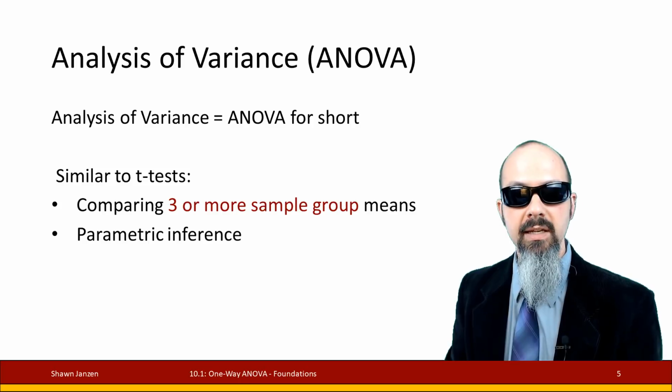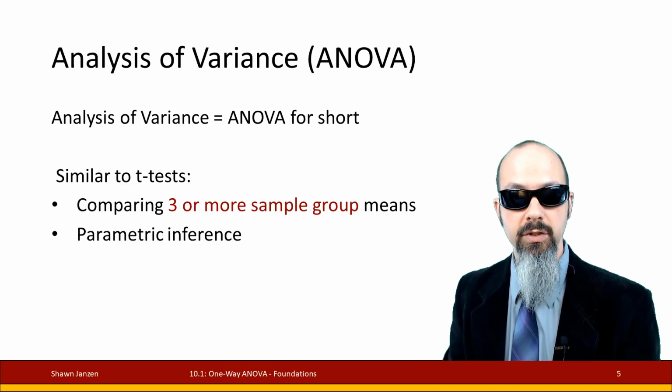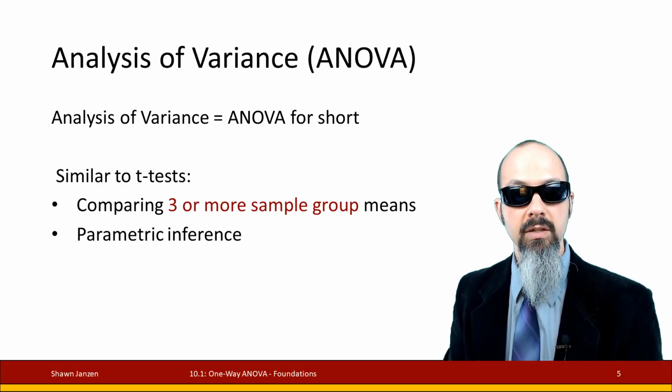Now, taking another step back, I mentioned that analysis of variance is the full name, and it's ANOVA for short, and it's similar to t-tests. We just covered t-tests not long before this, and they dealt with a very similar situation, where you had a numeric dependent variable and a categorical independent variable, but you could only compare two groups at most with the t-test, whereas the ANOVA does three or more.